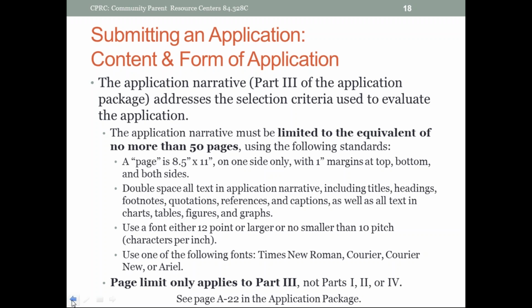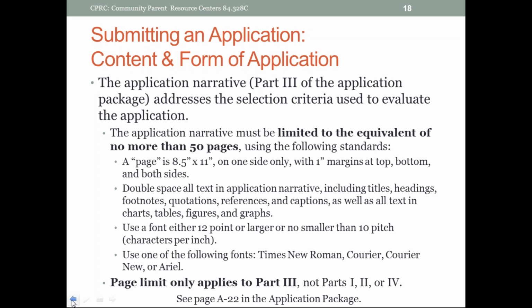What should not go into Appendix A are letters of support, curriculum, or training, or any kind of things that you might have in terms of showing what kinds of things you do, flyers, all of that. That should not go into Appendix A. That does not really substantially support your application.